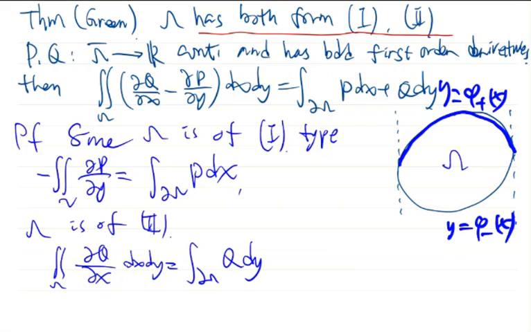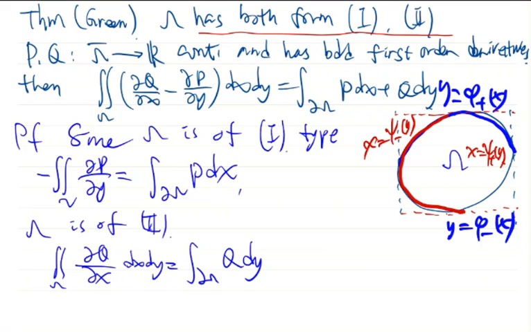But you can also consider this omega as type 2, because you can consider the boundary consists of the left part, that is x equal to psi minus y, and the right part, x equal to psi plus y. So our omega here is of both types. It is of type 1 and of type 2.